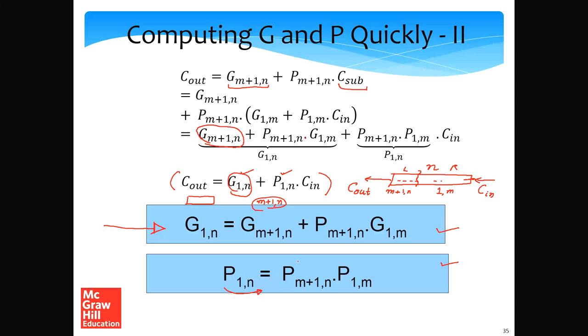The generate function for the entire block is the generate function of the n minus m left bits ORed with the propagate function of the n minus m left bits ANDed with the generate function of the m right bits, and the propagate function for the entire n-bit block is the AND of the propagate functions of the individual subblocks.